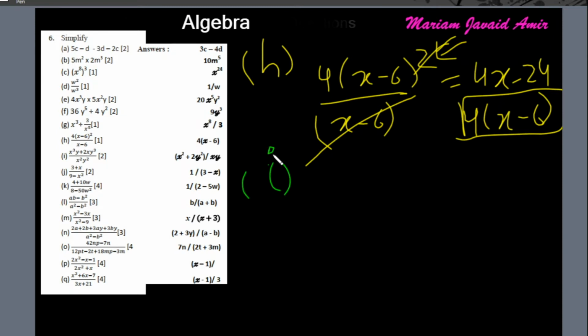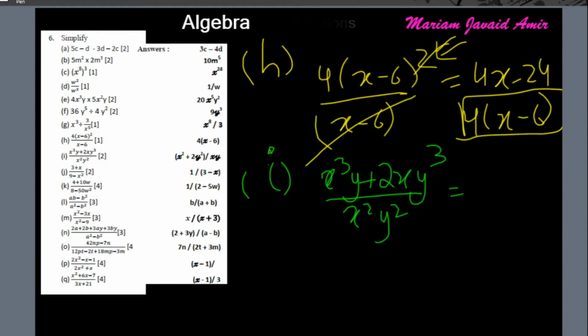Okay. Then part I, which is x cube y plus 2x y cube over x square y square. We first need to factorize the numerator so that we can cancel some values of the denominator. So x is common in both these expressions, and also y is common. So I take xy outside, and I'm left with x square plus 2y square over x square y square.